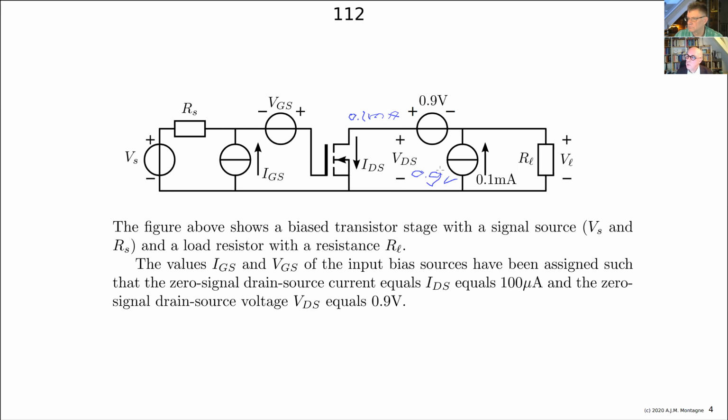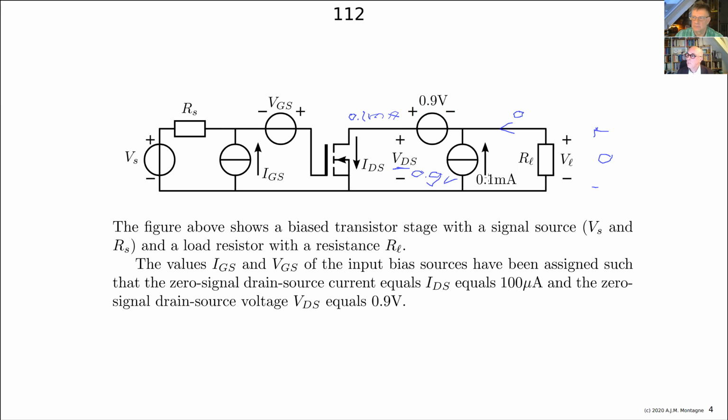That is VDS, sorry, it is VDS that I'm indicating. Which means that here the voltage equals 0. And again, the current equals 0. That's what we know because it's the quiescent operating point. We have selected this as such.